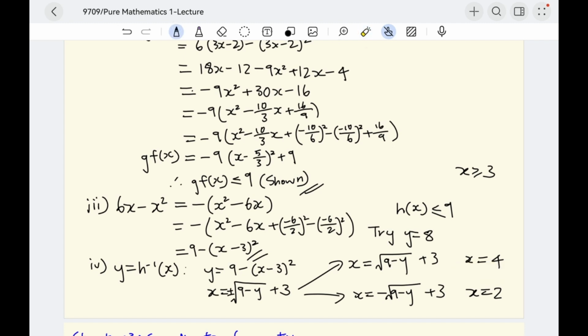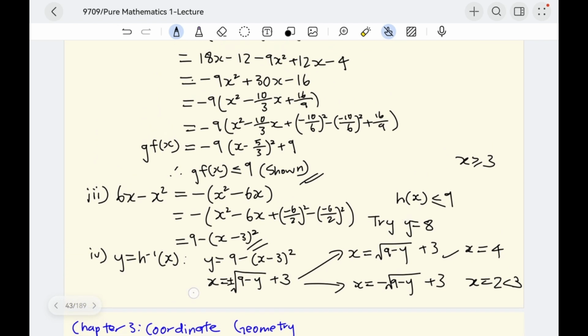So it means that the negative case is rejected because when you try y equals 8 inside, it gets back 2, which is less than 3. So it is totally not acceptable. Only this will be accepted. Okay, so therefore you rewrite the inverse h(x), which is the square root of 9 minus x, plus 3. That's the final answer.